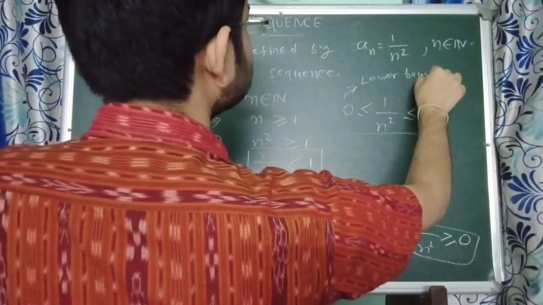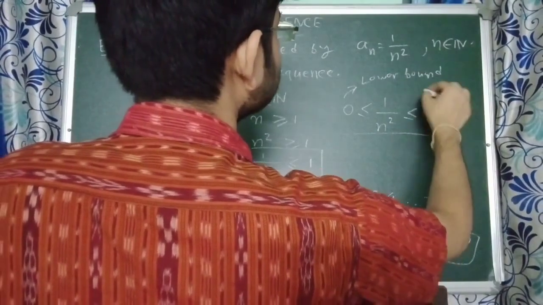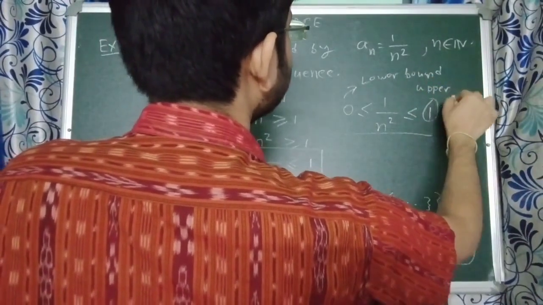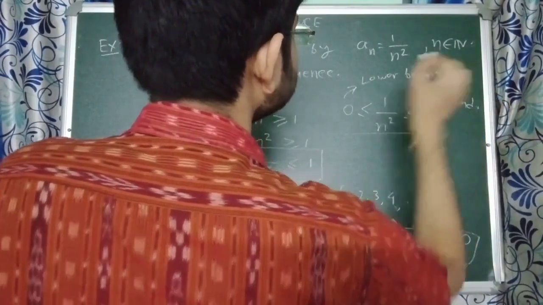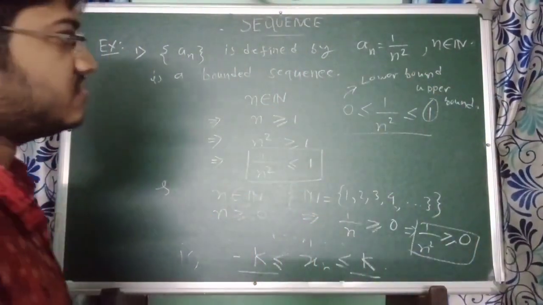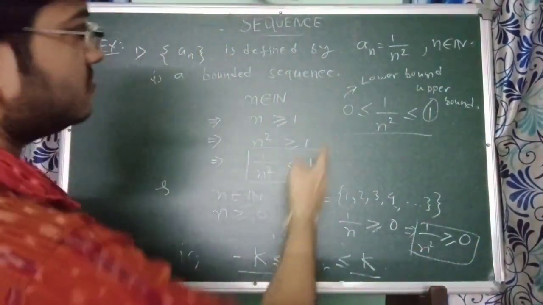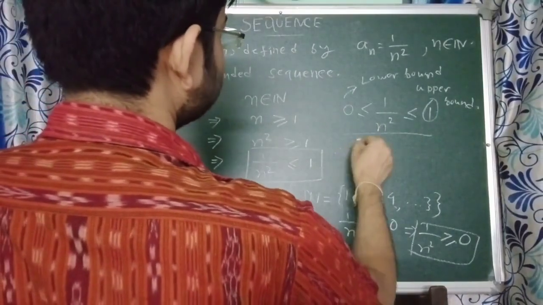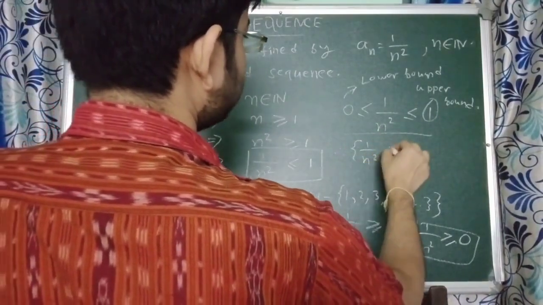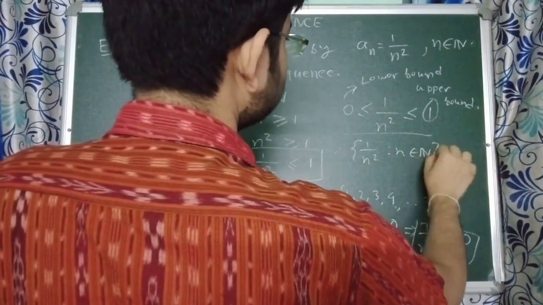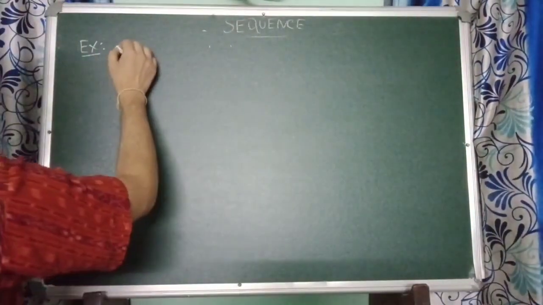The sequence is bounded by both lower and upper bounds. So the sequence 1 by n square such that n belongs to the natural numbers is bounded. Example number 2.